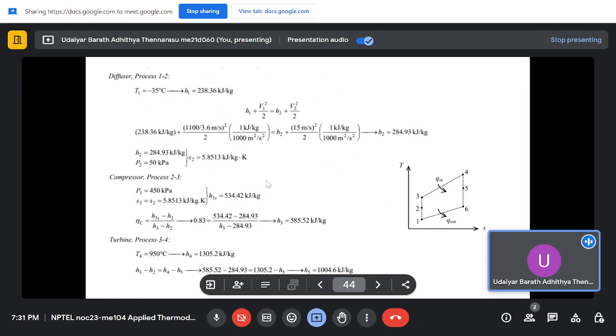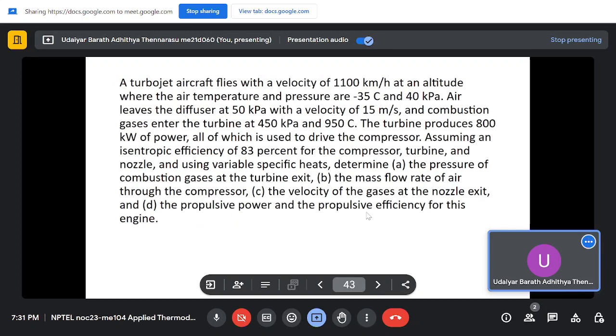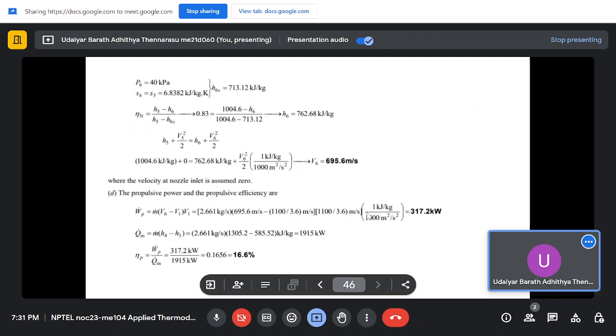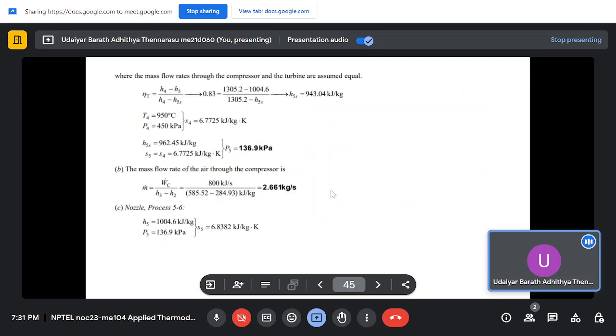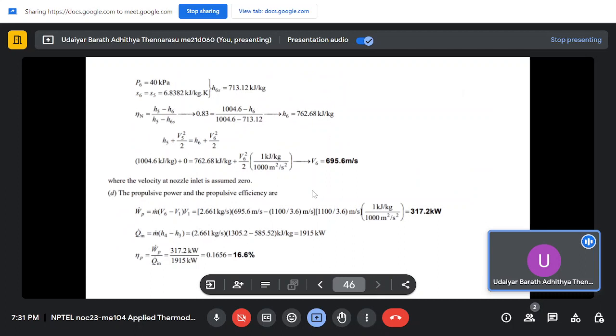So we have found everything that is required. These are some numericals which we saw how to solve. Most of the major parameters asked to be found are your propulsive efficiency and the thrust. These are the major important values, and for the rest you can directly apply the steady flow energy equation.